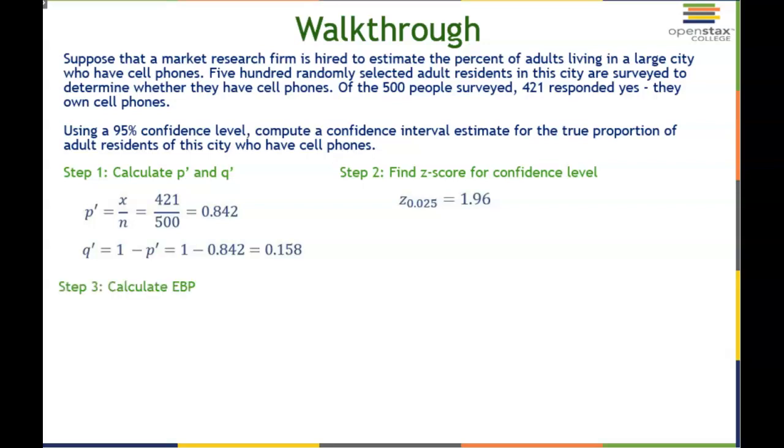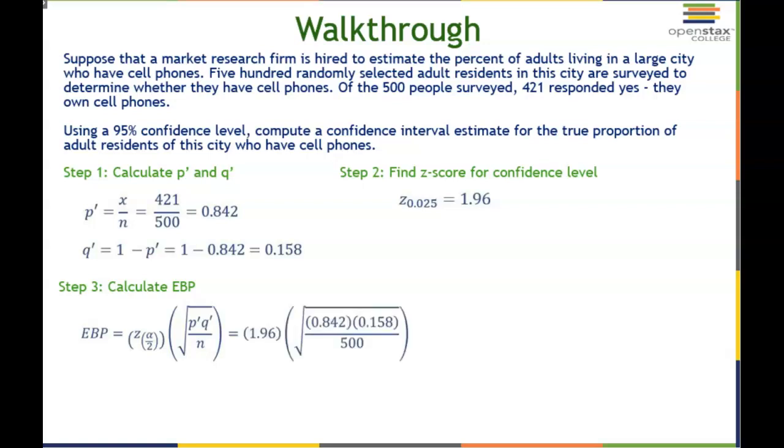Step 3. Let's calculate the error. The error is Z times the square root of P prime times Q prime, all divided by N. We have that information now, so let's start plugging in our values. P prime is 0.842. Q prime is 0.158, and N was 500.